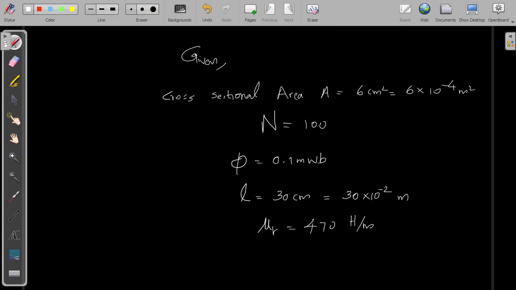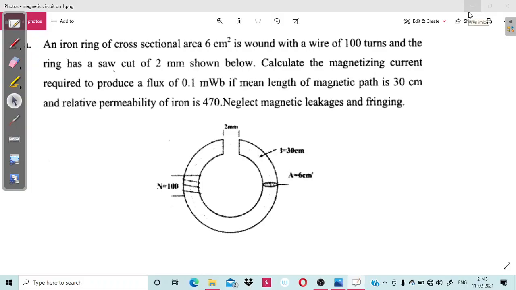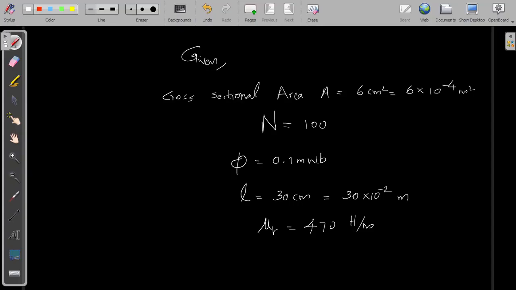So in almost all the problems, you have to assume that magnetic leakages and fringing are absent. Magnetic leakage means, now we are going to draw the ring like this.